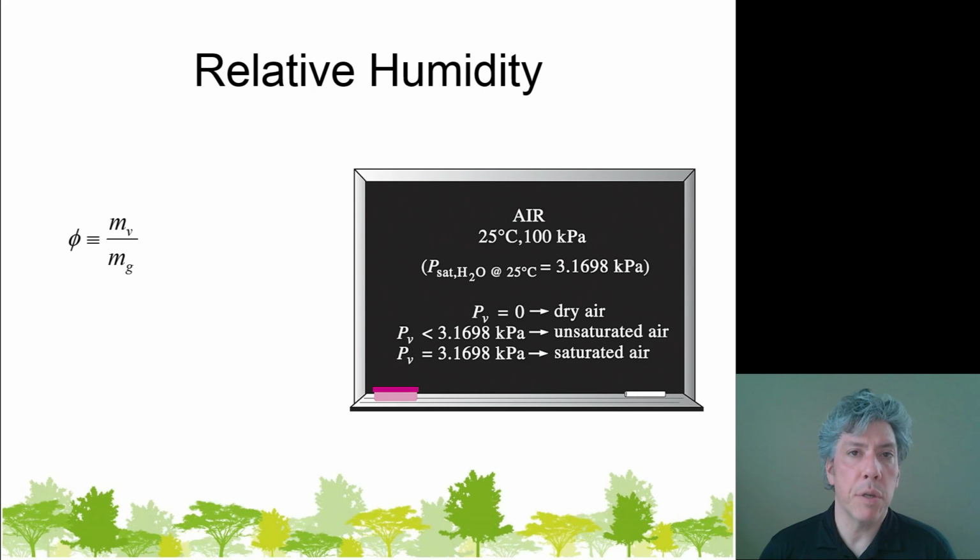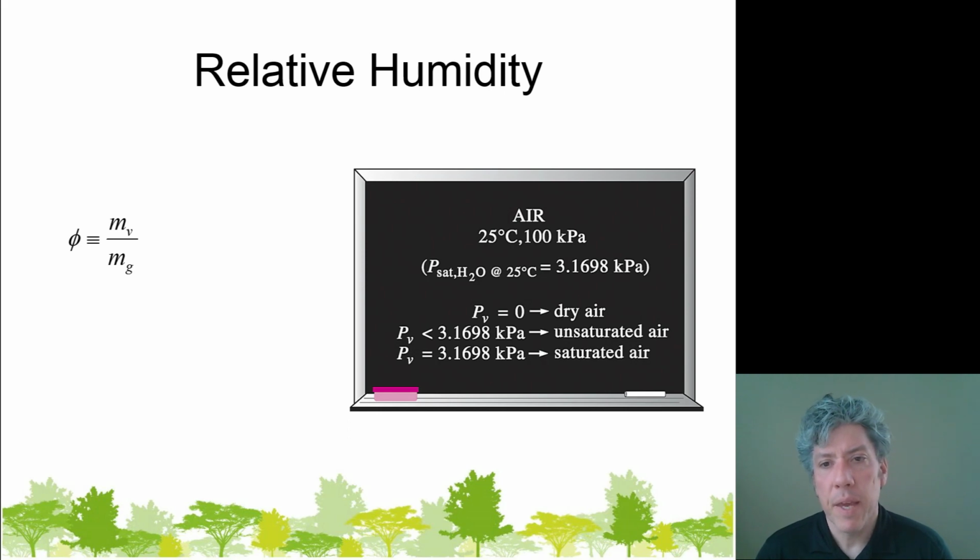If the partial pressure of the water vapor is less than the saturation pressure, then the air is said to be unsaturated. It's not really the air that's saturated. A lot of people use an analogy here saying you can think of the air as like a sponge that's soaking up water and it's full of water. But the thing is that the water doesn't know the sponge is there in that analogy. All the water vapor knows is that it's water vapor, and it behaves in accordance with saturation measurements that we made of water vapor.